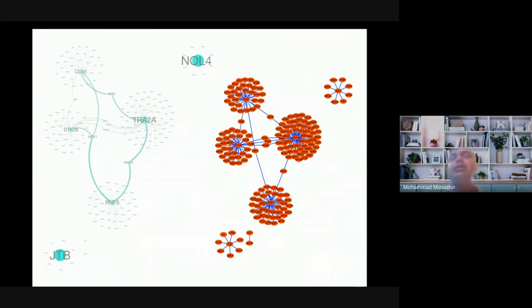So these are the master regulators, key regulators, junction proteins. I'm not talking about junction in biological terms, but in terms of regulatory functions. So they are connector proteins. If there are some differences, they could lead to a huge alteration or impact in terms of vital function.